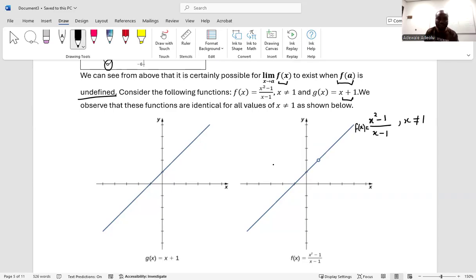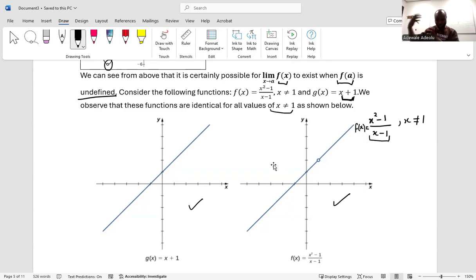We observe that these functions are identical for all values of x not equal to 1, as shown below. It turns out that if you put this function into decimals, and you put this function into decimals, they behave the same way.